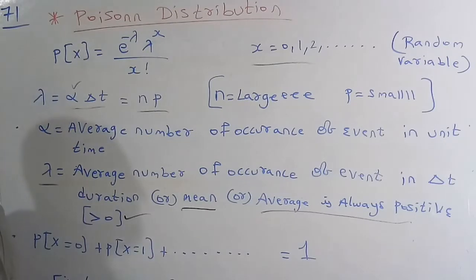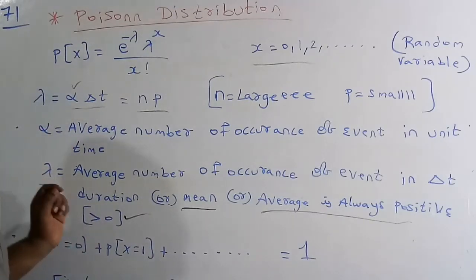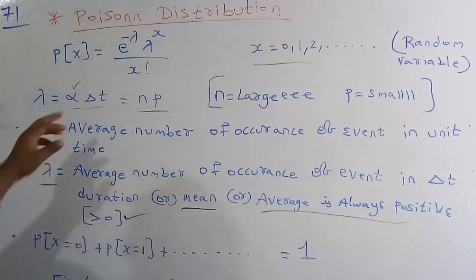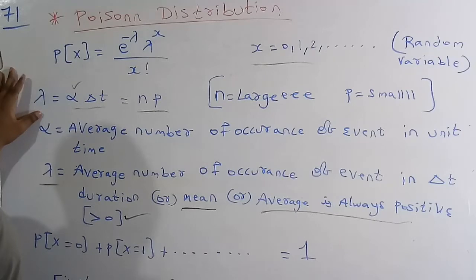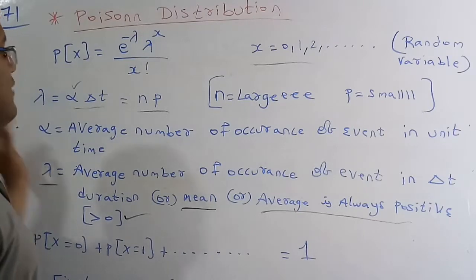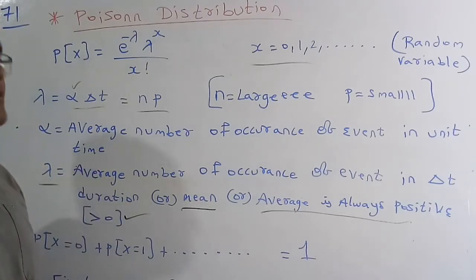So alpha means the average number of occurrences of the event in a unit time, whereas lambda indicates the average number of occurrences of the event in a delta t duration, or the mean, which is always greater than 0.